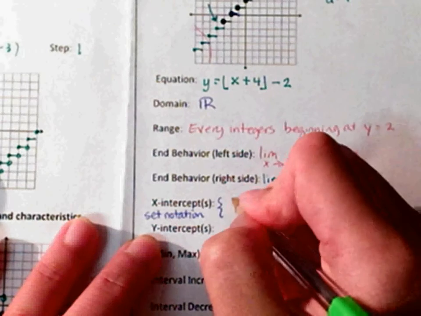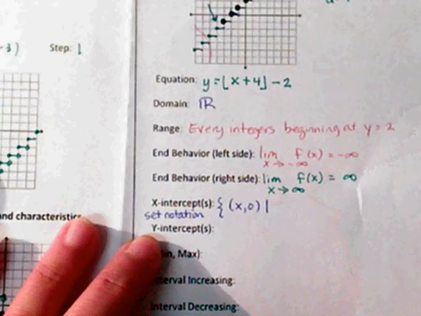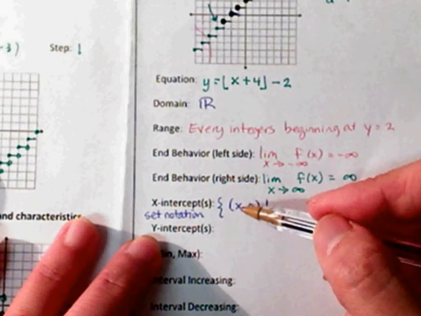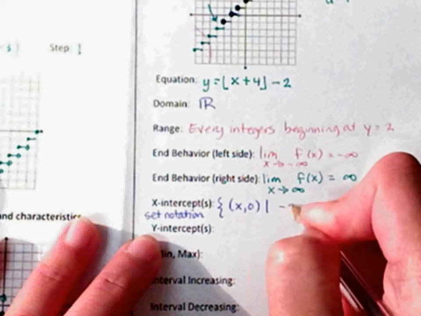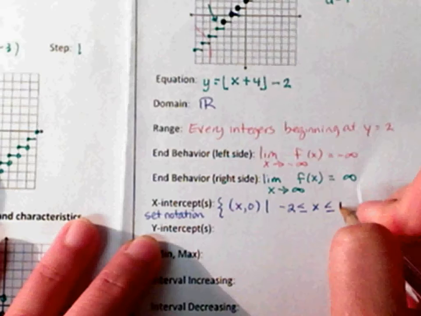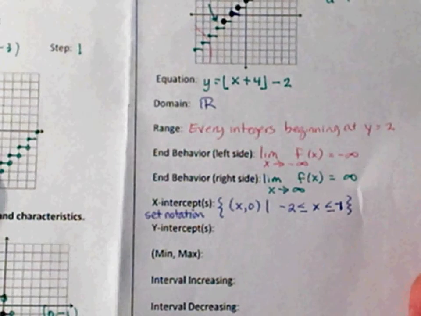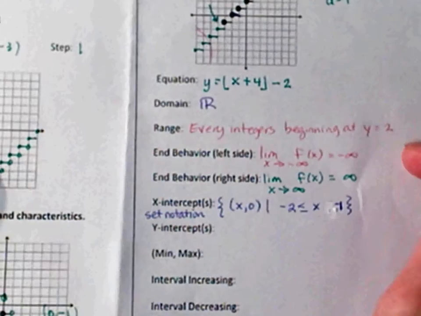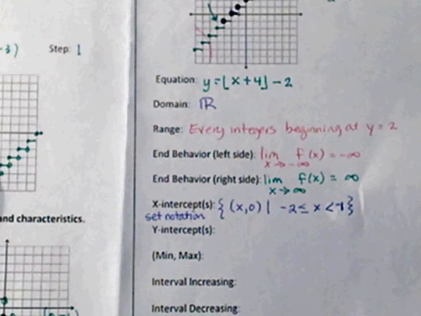I'm looking at my x value, where y is 0, as x such that it is between negative 2, included, going to negative 1, not included. So give me just a moment and get rid of that line. It should just be a less than sign. And there you have your x-intercept.